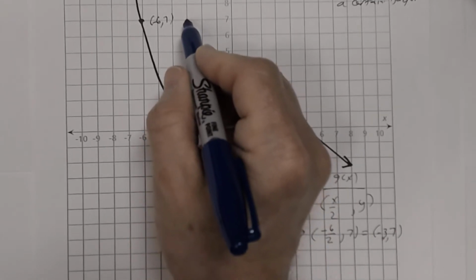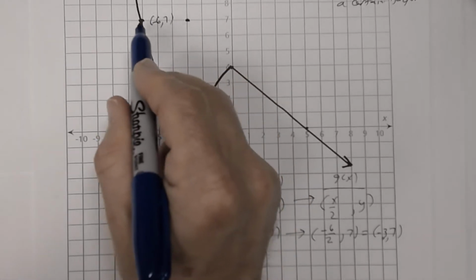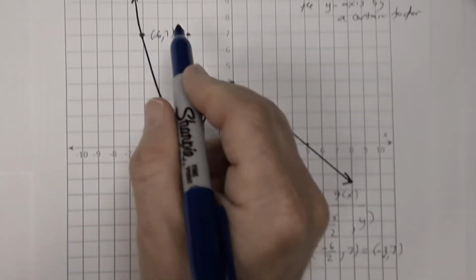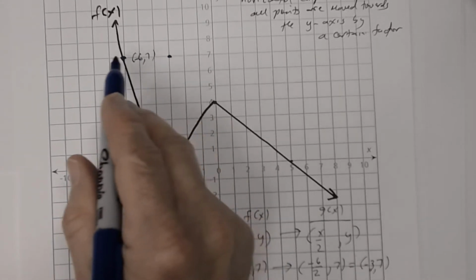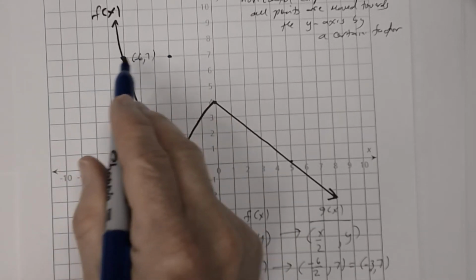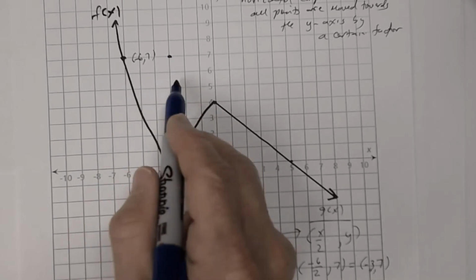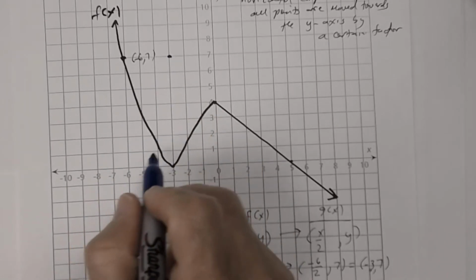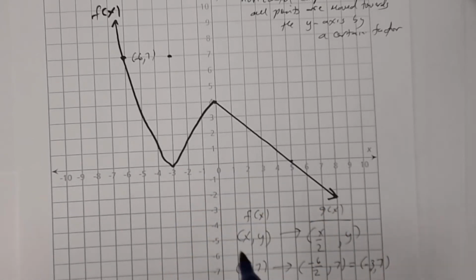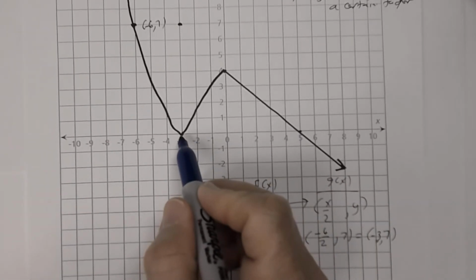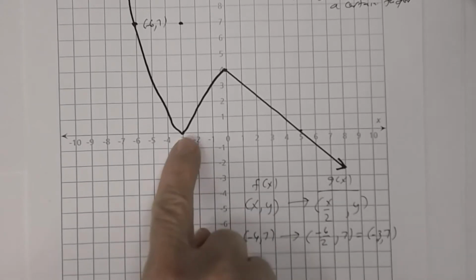Remember, all you're doing is just taking this point and shifting it towards the y-axis. It's still horizontal. Horizontal compression. You're moving it horizontally. Those were things we talked about in our lessons. On this side, you'll be going this way. All right, let's look at this point. This is (-3, 0).